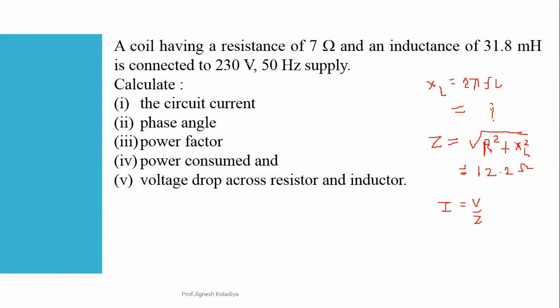Now voltage is already given, 230, and impedance you have, 12.2. So you will get your first answer, that is the circuit current.